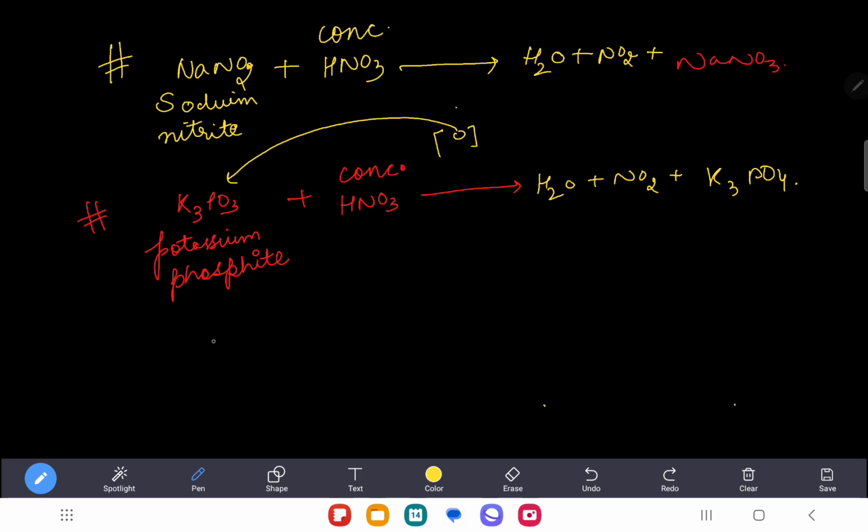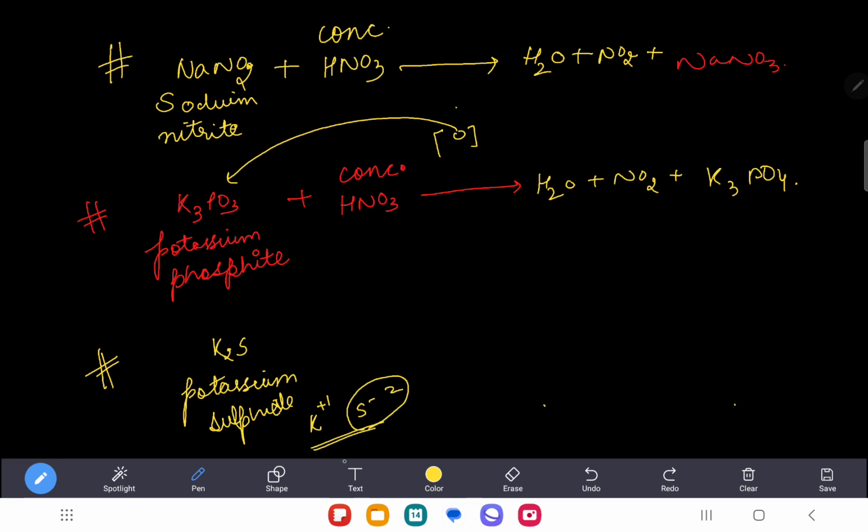Similarly, now understand if I say K2S, potassium sulfide. When I'm giving you potassium sulfide, what exactly does that mean? We have K plus 1 and S minus 2 basically. So you see that we have sulfide. You remember the case of sulfide?